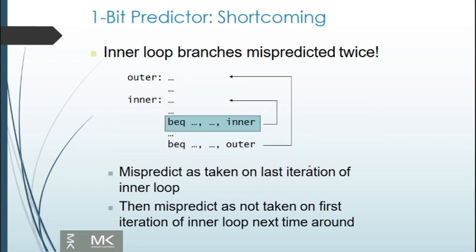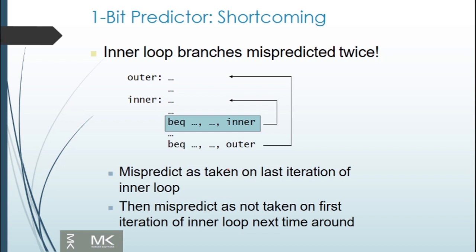So let's see how a single-bit branch predictor works. A single bit just takes a simple value: if the branch was taken last time, it is set to 0 or 1 for taken or not taken. If the last time it was taken, it will be set to taken, and next time it will predict taken.